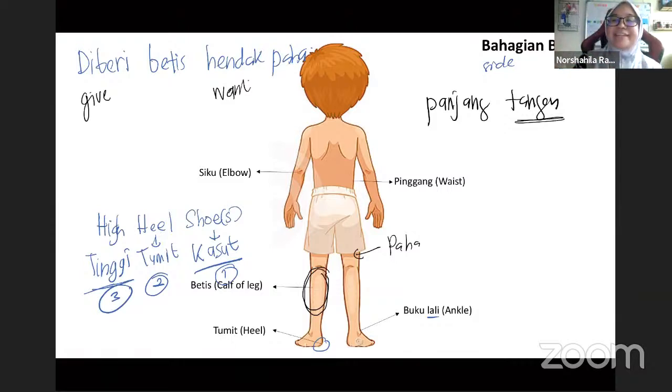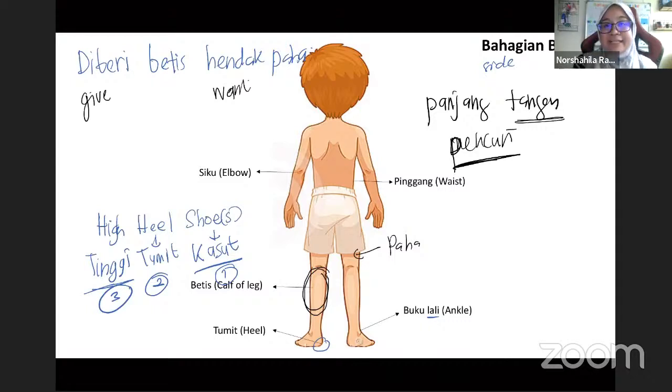Literally the meaning is long hand, but actually panjang tangan means that you are a thief. Mencuri, you become a thief, or you like to take other things not belonging to you. So mencuri, a thief. You are pencuri, thief. Or you take others' things that do not belong to you. So these are the two idioms you can use with your body part.